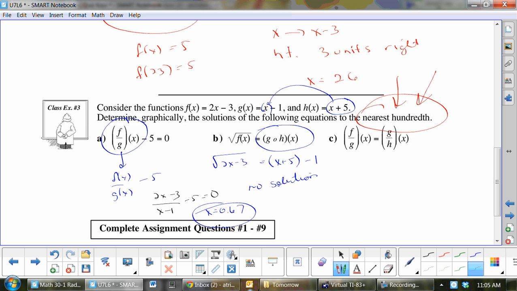Now, f of g of x, so we've already gone through this. That means f of x over g of x, right? So f of x is 2x minus 3 over g of x, x minus 1 equals g is x minus 1 over, I'm doing h of x, x plus 5.